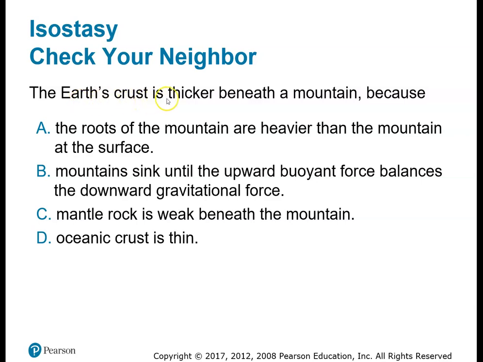So the Earth's crust is thicker beneath a mountain because... let's read all these. The roots of the mountain are heavier? No, that doesn't sound right. The mountain sinks until the upward buoyant force balances the downward force of gravity. That sounds right. The mantle rock is weak? No. The ocean crust is thin?